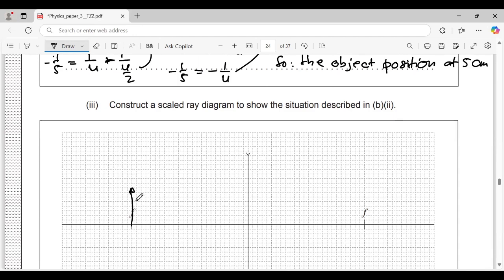After that we can draw the straight line.